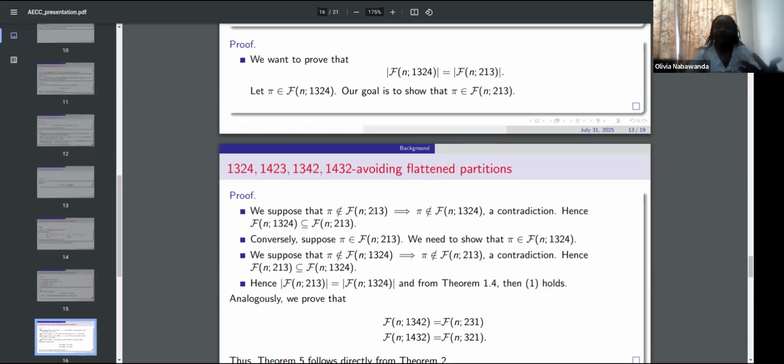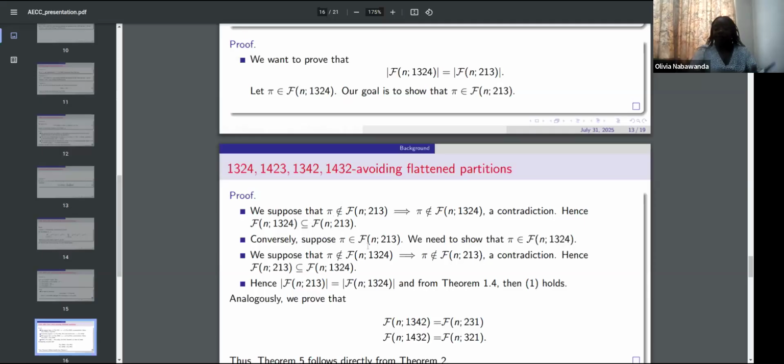And at the end of the proof, we realize that if pi does not avoid pattern 213, then it would imply that pi also does not avoid pattern 1324, which contradicts our initial assumption that pi is 1324 avoiding. And so this tells us that all 1324 avoiding flattened partitions are actually also 213 avoiding.